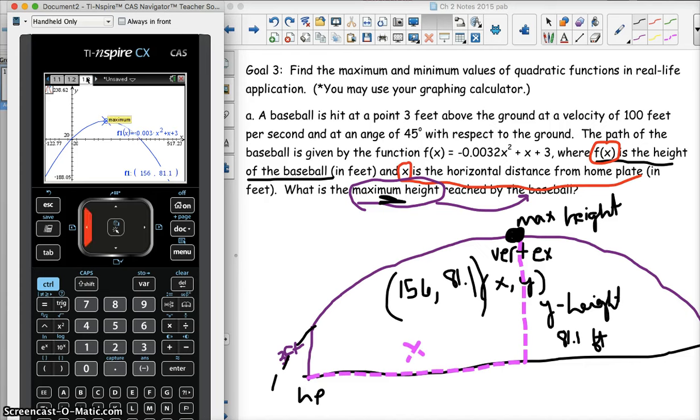It really depends on your settings, so you can watch your y coordinate here. If I'm toggling left and right, my y coordinate is 80.3, then 80.7, it's still getting larger, 81, still getting larger, 81.1, still getting larger. The next time I press it, it's still 81.1, and I can keep adjusting it until I see whether it's going to keep going up or down. So that's another way to find your maximum.